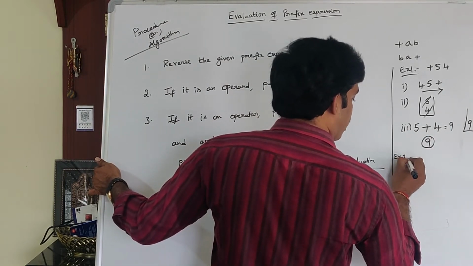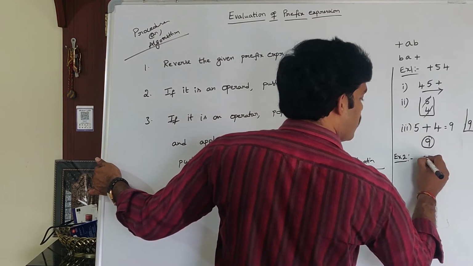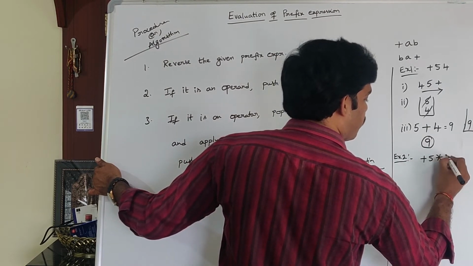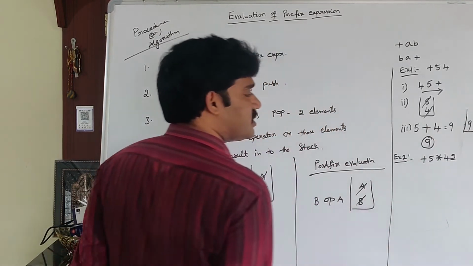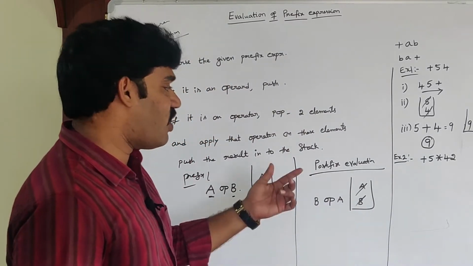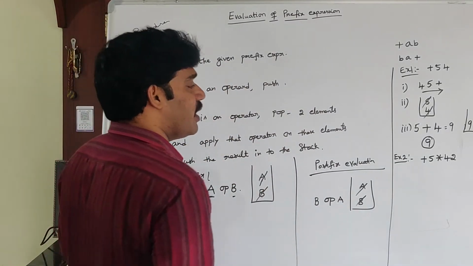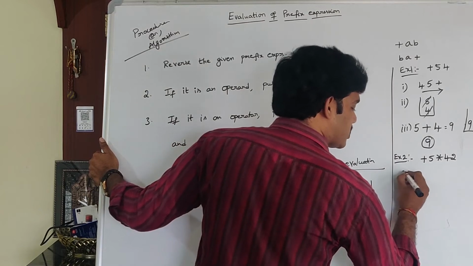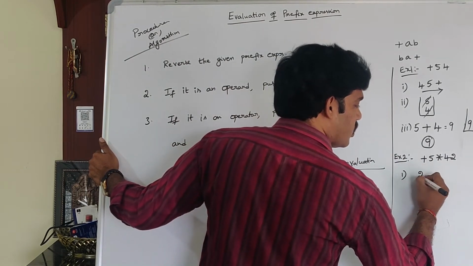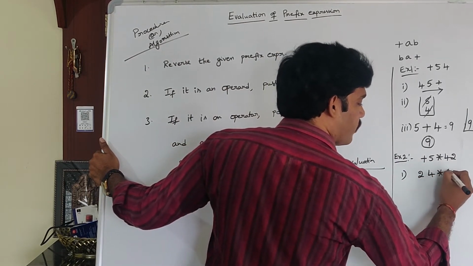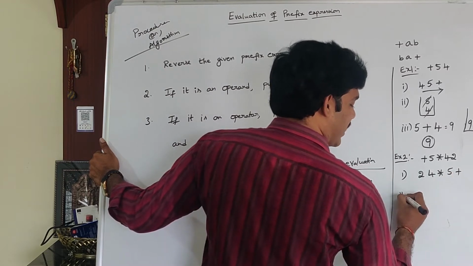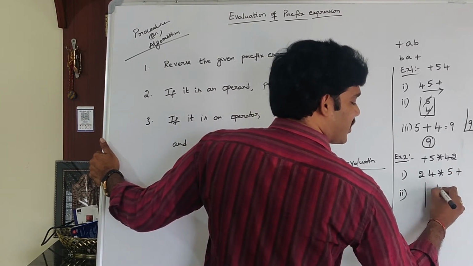Take the second example. Plus 5 star 4 2. Assume that this is your prefix expression. Evaluate this one. What is the first step? Reverse the given prefix expression. Simply reverse it: 2 4 star 5 plus. Second one is scan the expression from left to right.